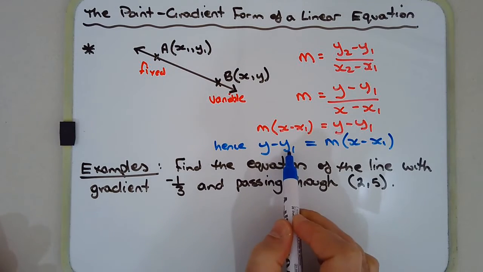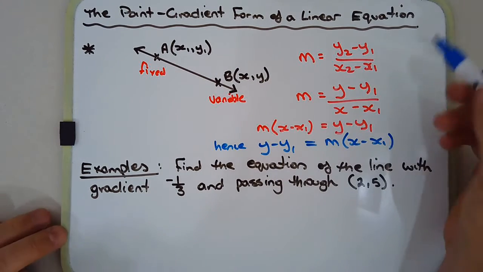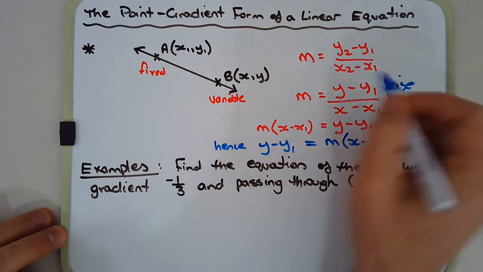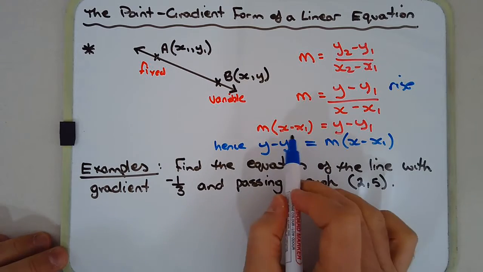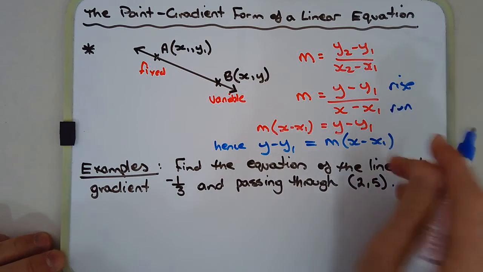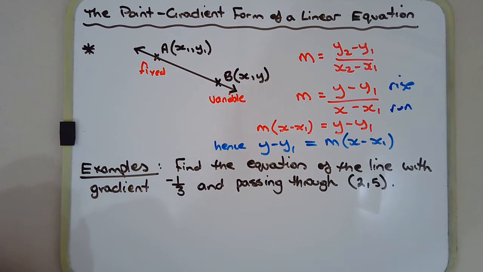So the y minus y1 is actually the rise in this example, and x minus x1 is the run. And so just by simple manipulation, we end up with another formula here called the point gradient formula, or the point gradient form of the linear equation.